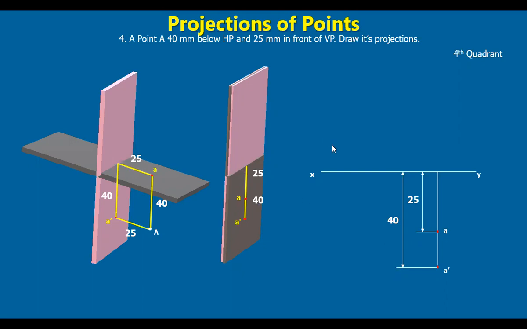If you observe the object when it is in the second quadrant or fourth quadrant, both the projections, A dash as well as A, are on one side of the reference line only. When it is in the second quadrant, both are above. When they are in the fourth quadrant like this, both the projections are below the reference line. That is the difference.